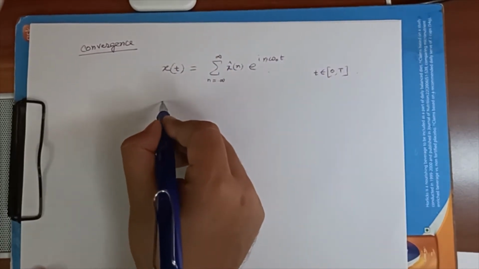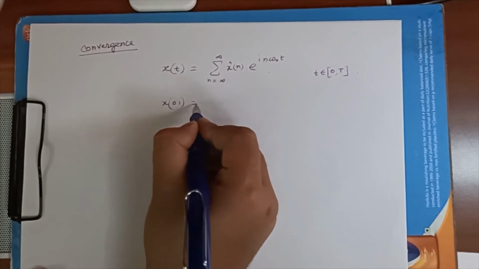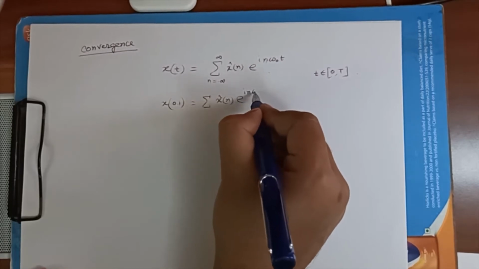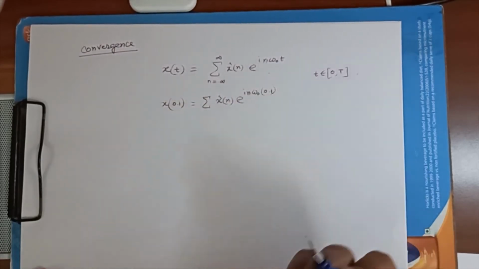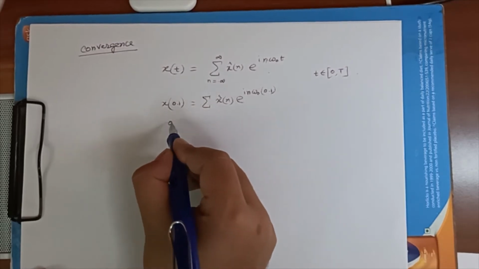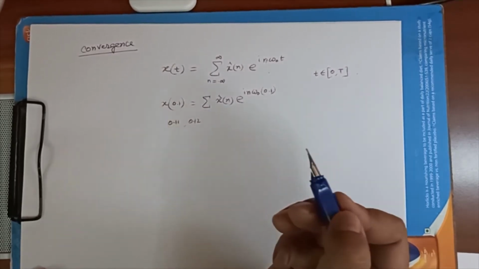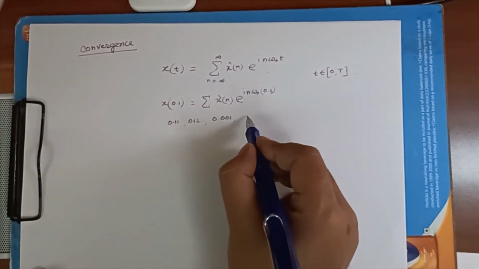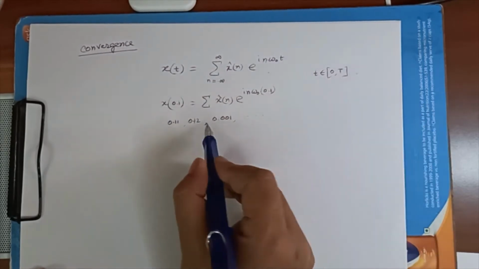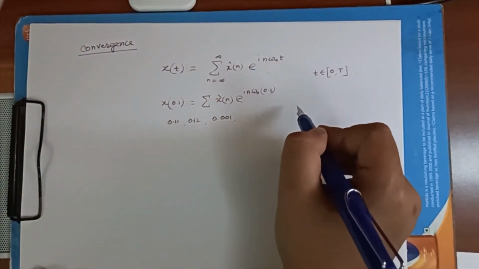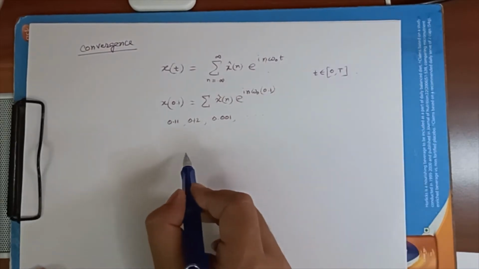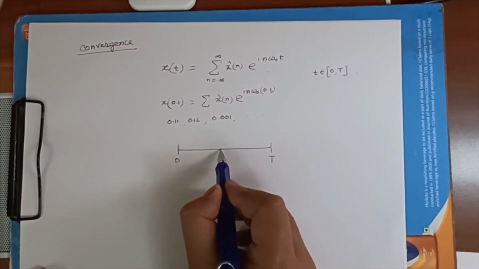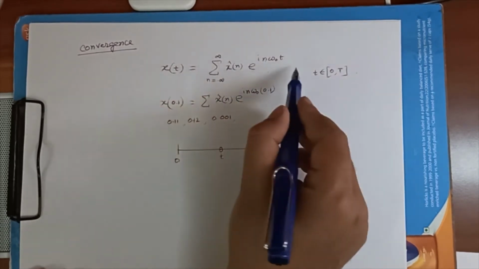For t equals 0.1 you have one equation, x hat n e to the power i n omega 0 times 0.1. For 0.11 you will get another equation, for 0.12 another, for 0.001 one more, and so on and so forth. Between 0 and T, for every value of t, you will get one such equation.